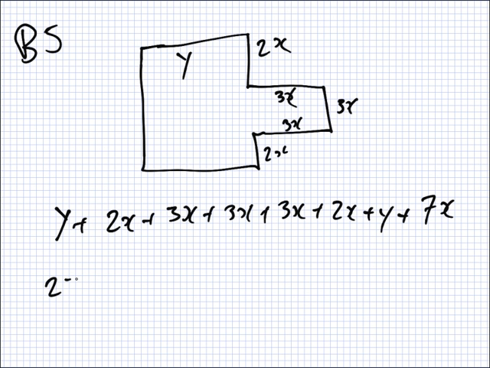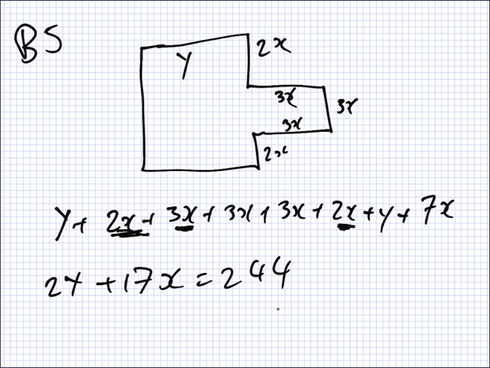So it's 2y, 2x, 3x, 2x, 7x, 14x, 17x. Is that right? Equals 244.